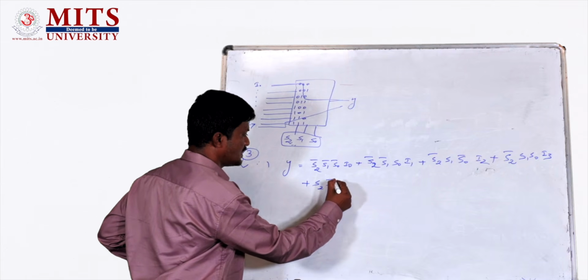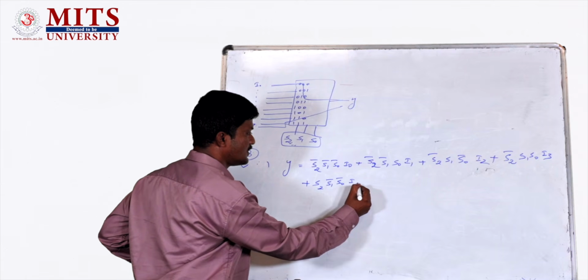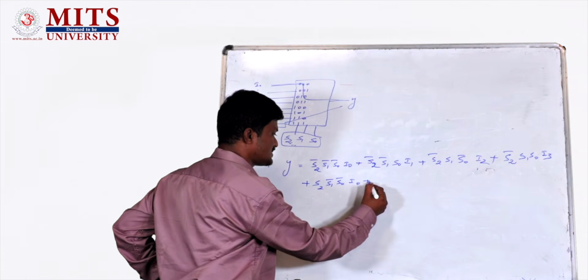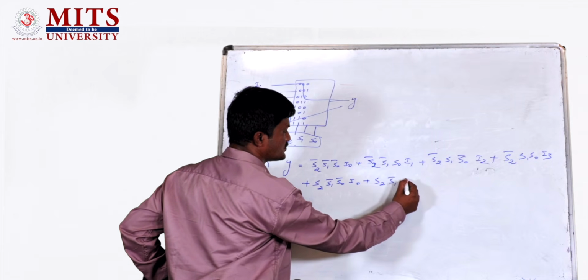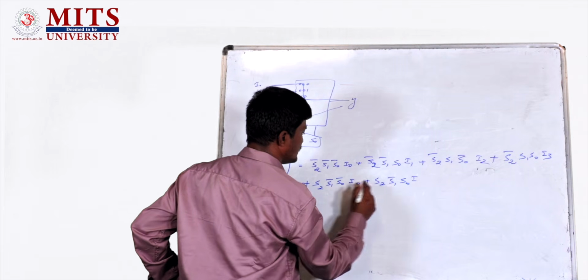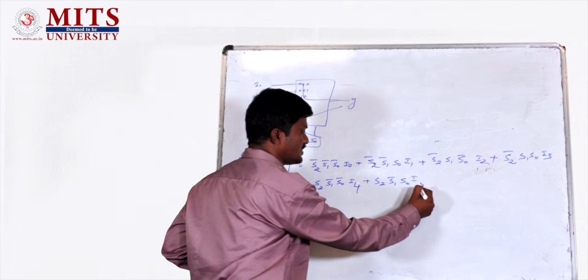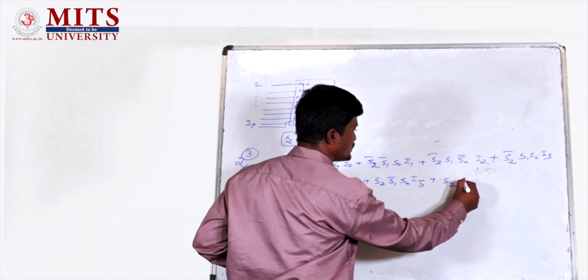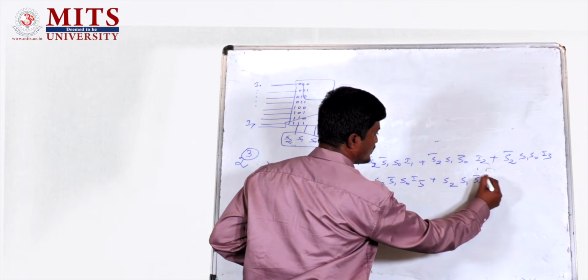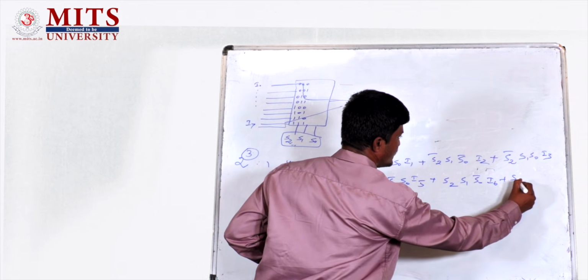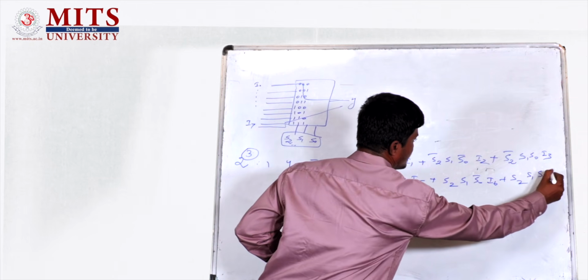Then the next term is S2, S1 bar, S0 bar, I4 plus S2, S1 bar, S0, I5 plus S2, S1, S0 bar, I6 plus S2, S1, S0, I7.